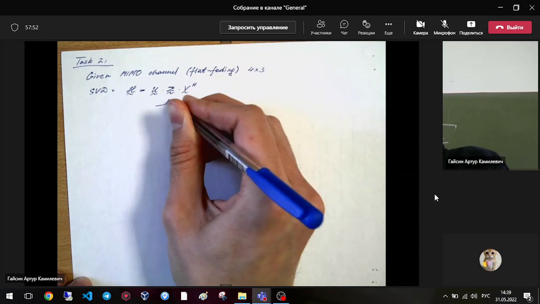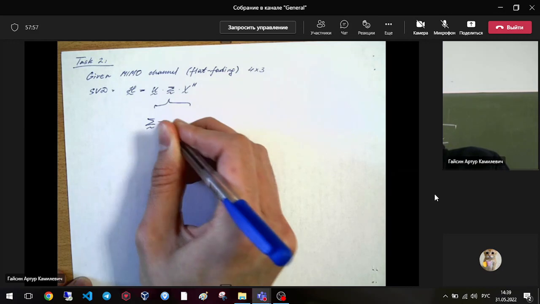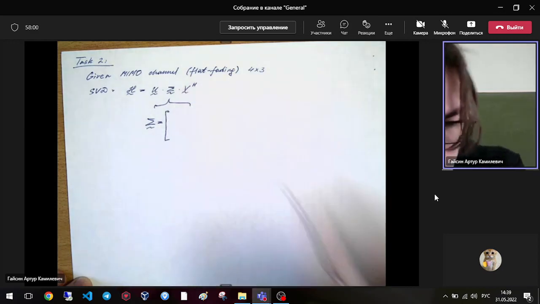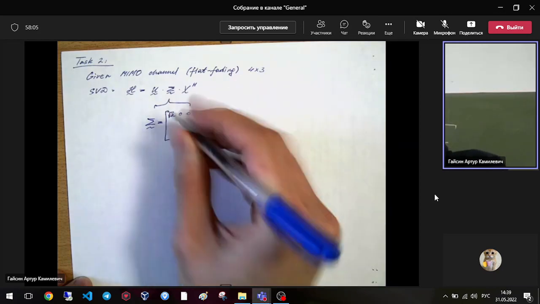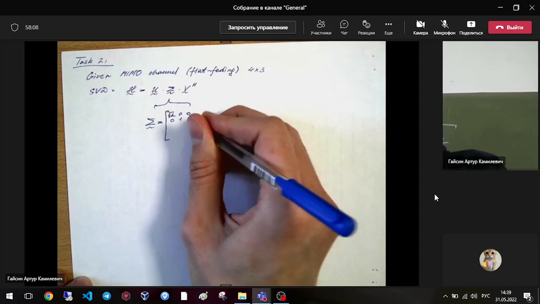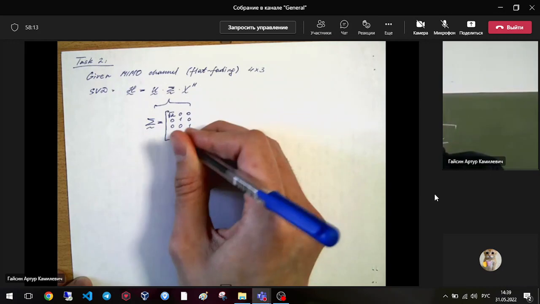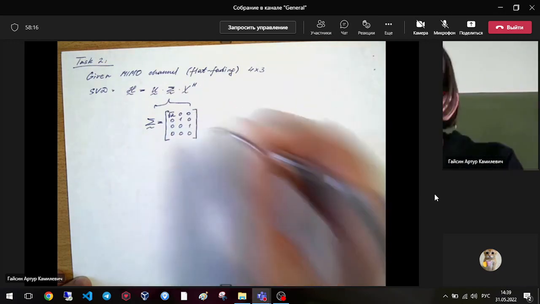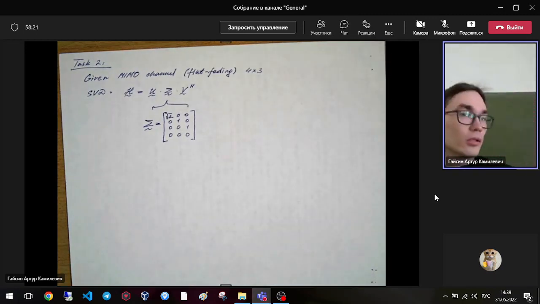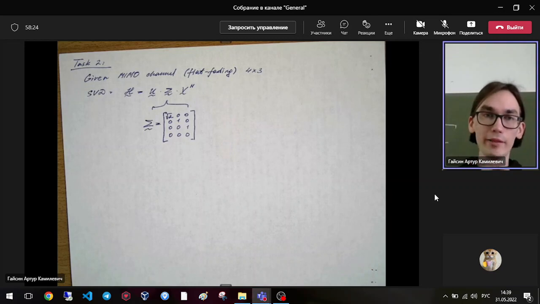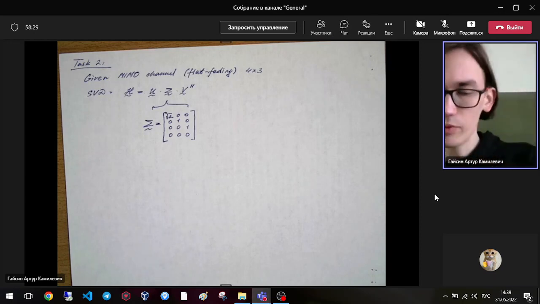So this sigma matrix is equal to: first value, it is square root of 2, 0, 0. Second value, it is 1, 0. And third value is also 1. So from this sigma matrix, you can say the rank of a channel, of course.